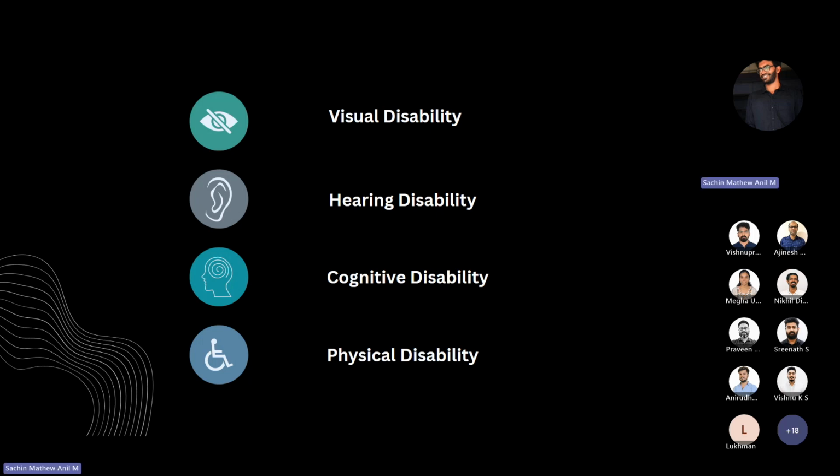Cognitive disabilities can vary widely in severity and may impact areas such as memory, attention, language, problem-solving skills, etc. When coming to physical disability, it refers to a condition that affects a person's physical function and mobility. It can include difficulty in using a mouse and a keyboard.